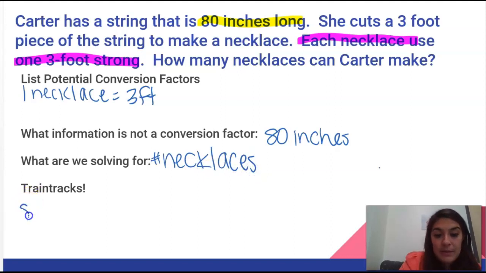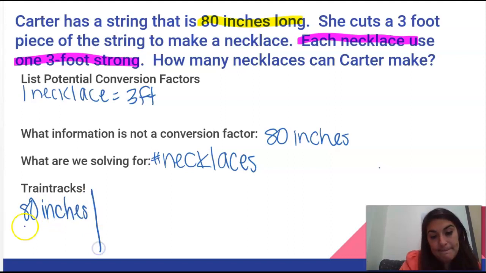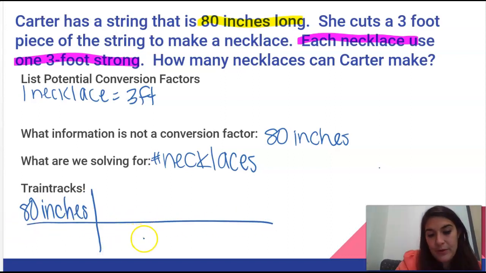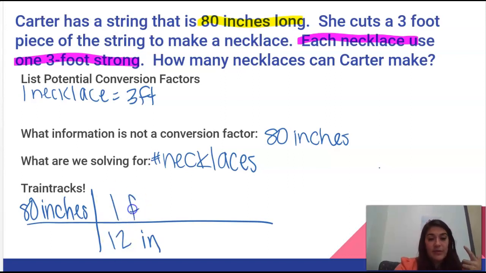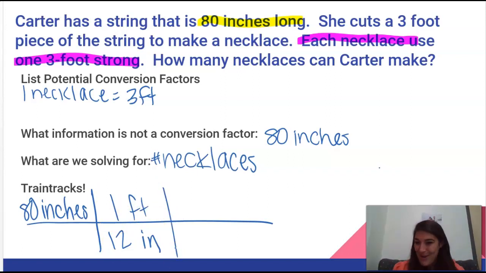Okay, so I'm going to start with my 80 inches. Train track rules, y'all. Inches on the bottom. So then I look, I've got inches, but the only conversion factor I know from the question is that a necklace is 3 feet. So we have to use some outside knowledge. We know that there are 12 inches in 1 foot. Boom. There it goes. So now I'm in feet.